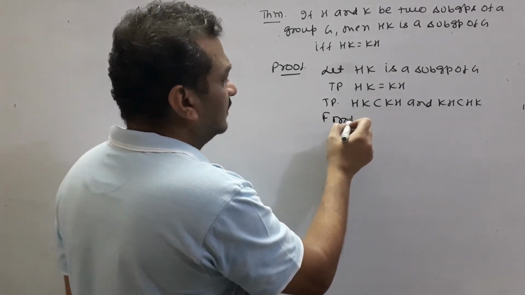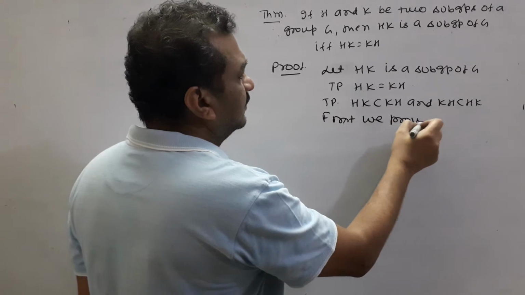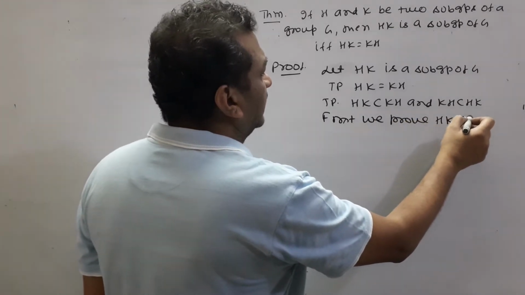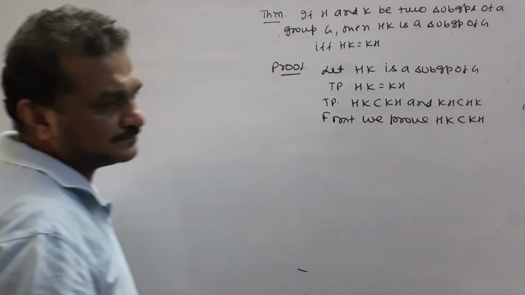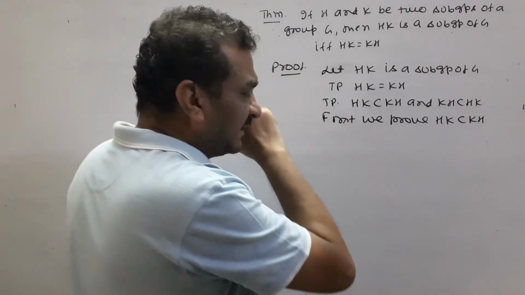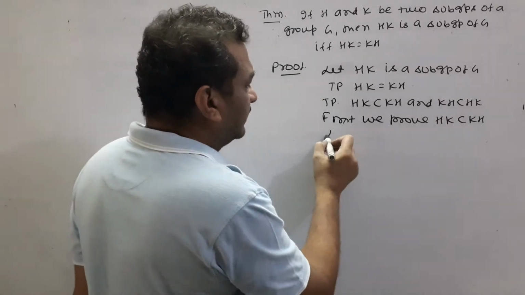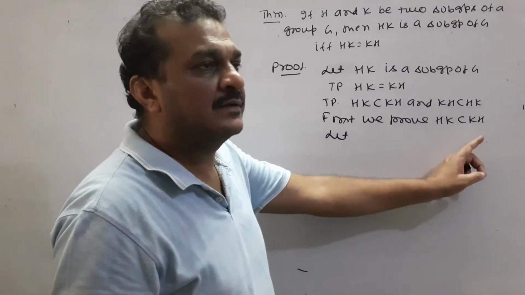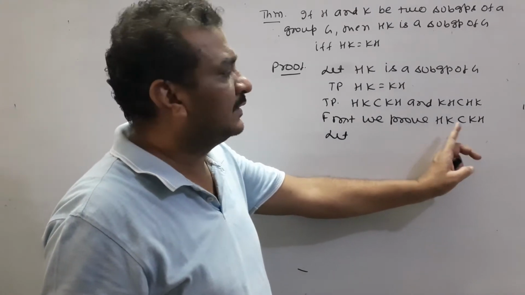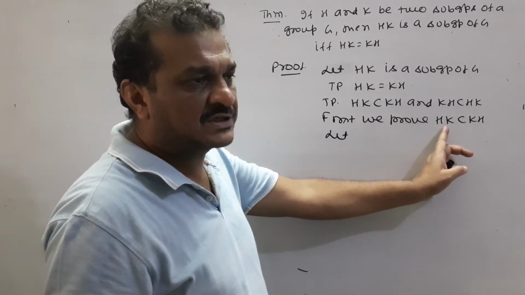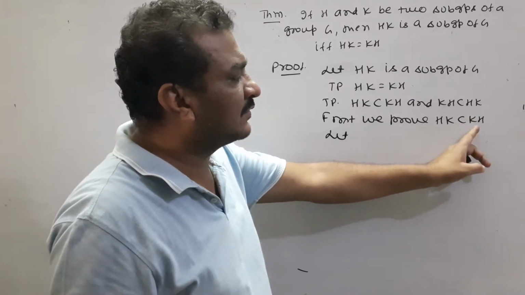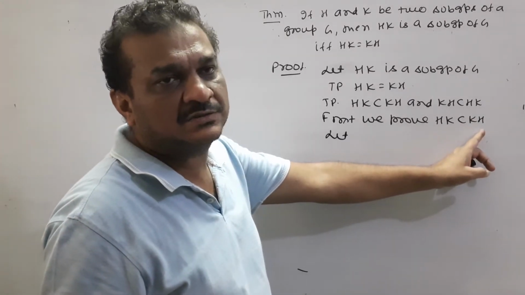First, we prove HK is a subset of KH. Beta, to prove a subset, we show that all elements of HK are contained in KH.